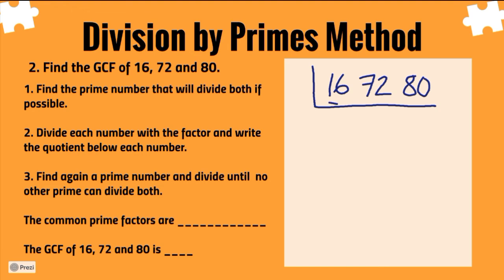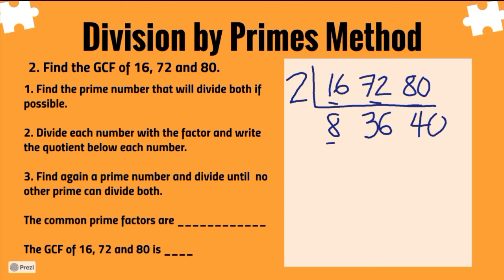So, 16, 72, and 80 ay pare-parehong even number. So, divide natin by 2. So, 16 divided by 2 is equal to 8. And 72 divided by 2 is equal to 36. And 80 divided by 2 is equal to 40.